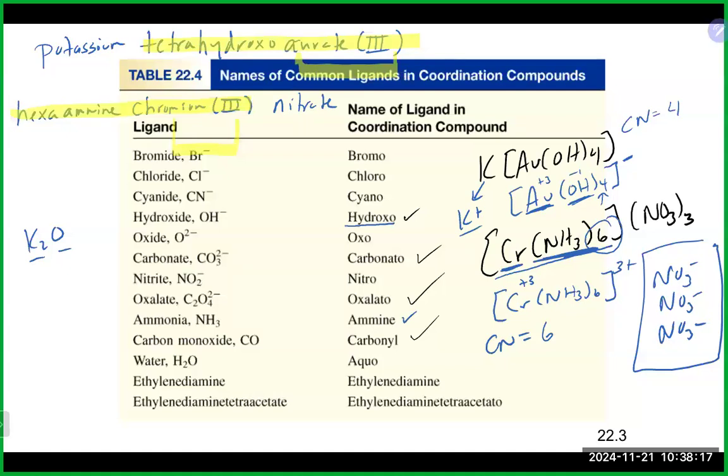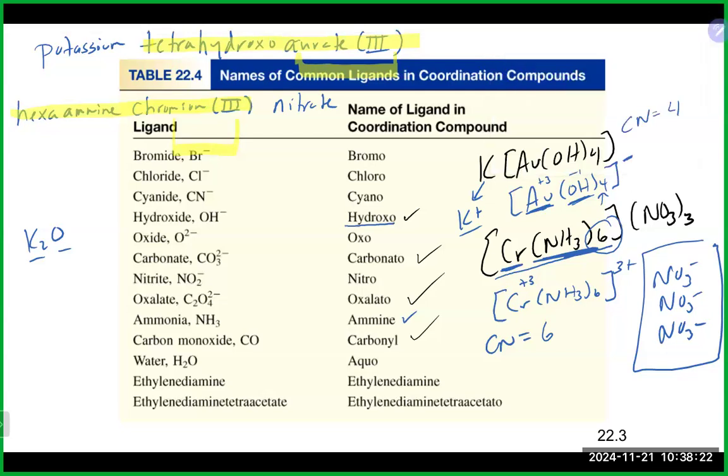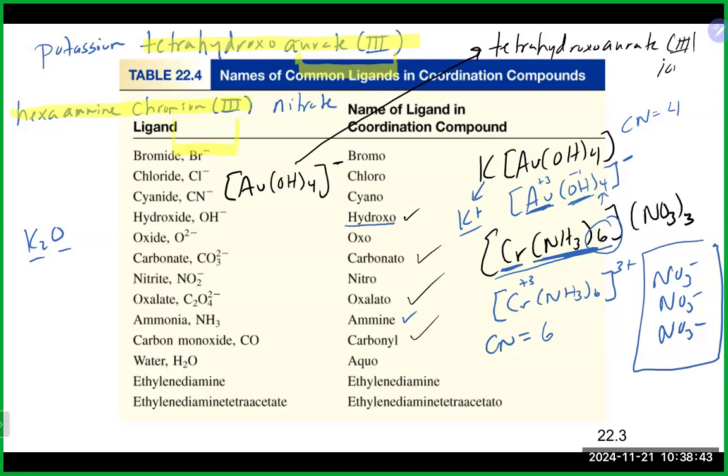By the way, if I just had the ion by itself, for example, the ion part without the counter ion, we would name this pretty much just as the last part of the name. This would be tetrahydroxoaurate(III), and then we would just put ion at the end of it.